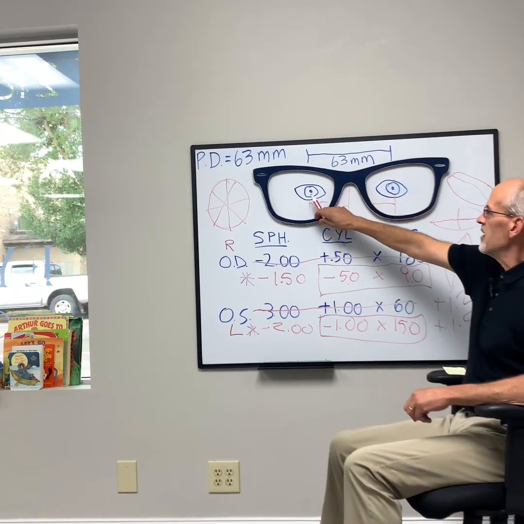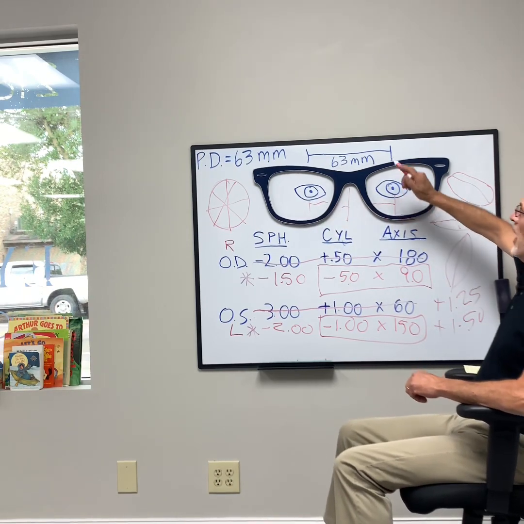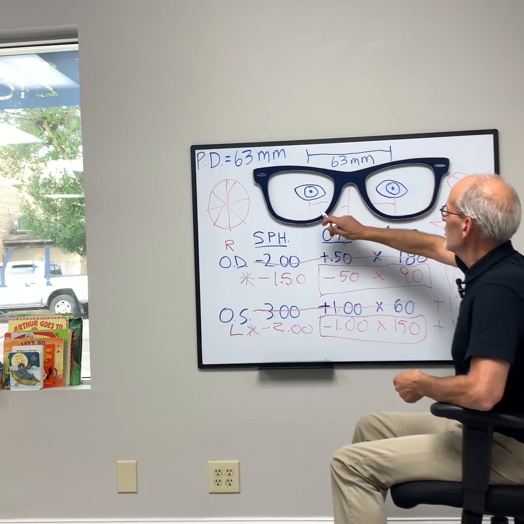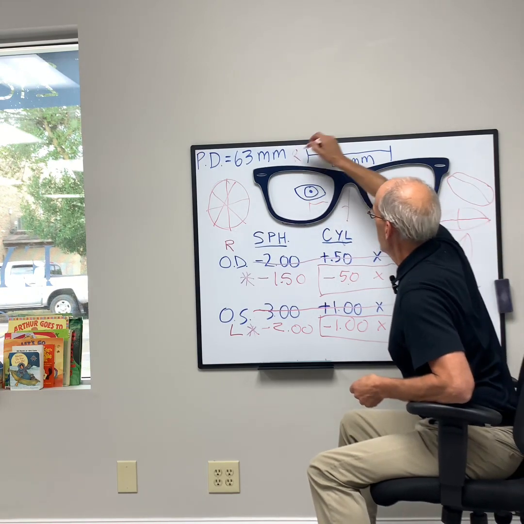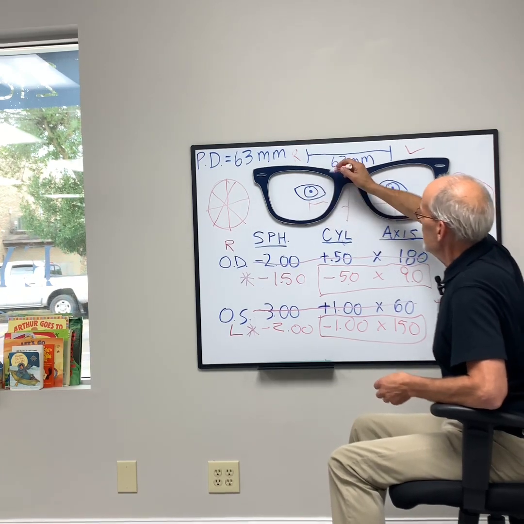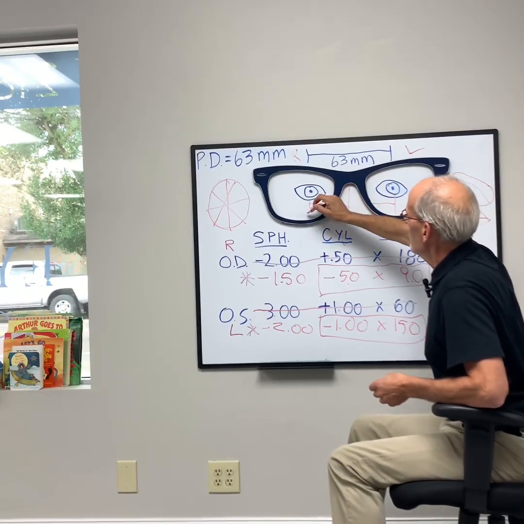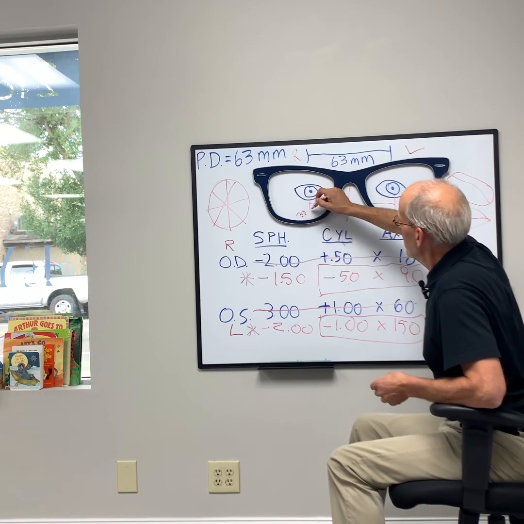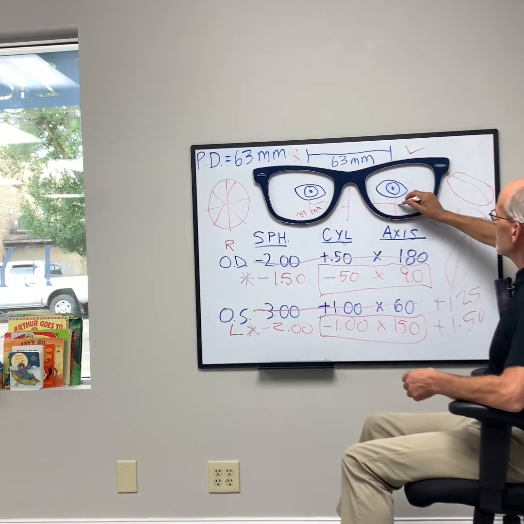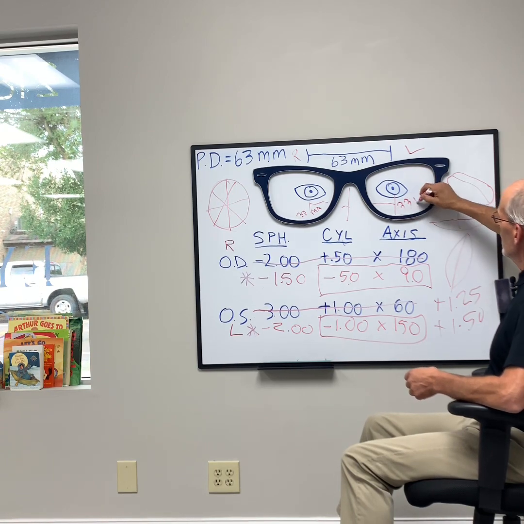Because yes, it's 63 millimeters, but myself, I have from the center of my right eye, here's my left eye, from here to here, it is 30 millimeters, and from here to my left eye, it's 33 millimeters.